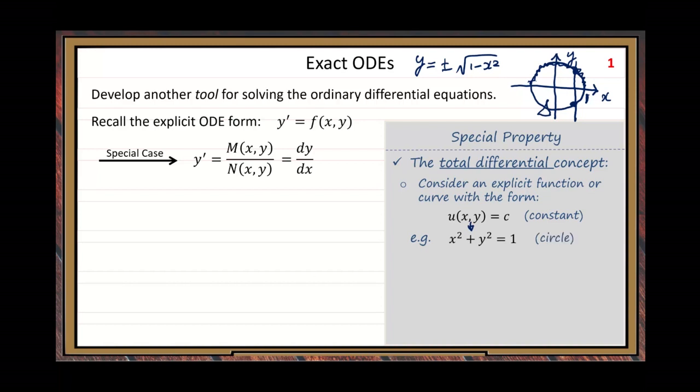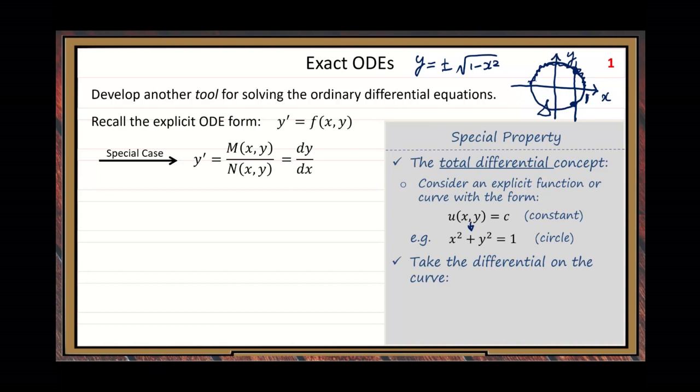Next, let's work on it. We want to take the differential on the curve. This whole equality represents a curve. It has a left-hand side and a right-hand side. Now we want to take the differential operation on both sides and see what happens.